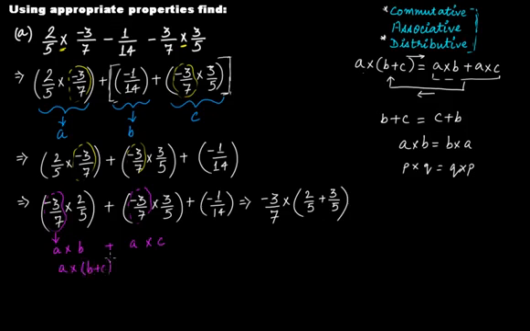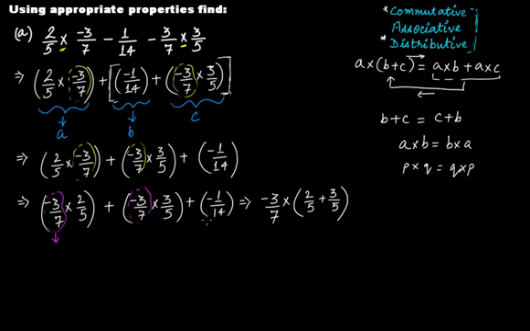Or in layman's terms, we say that minus 3 over 7 is common. Let's take out the common factor with the multiplication sign, and you'll be left with b plus c. So if you take minus 3 over 7 common, you reach the backward path of the distributive property.